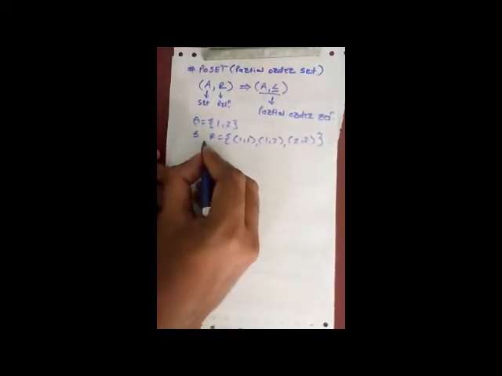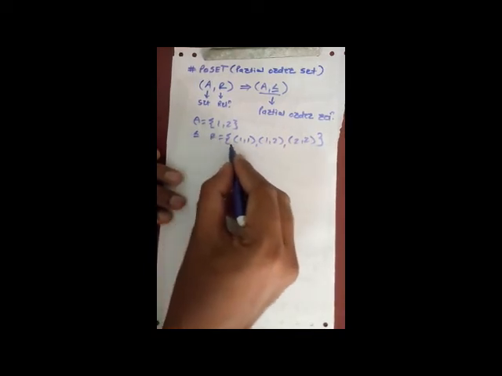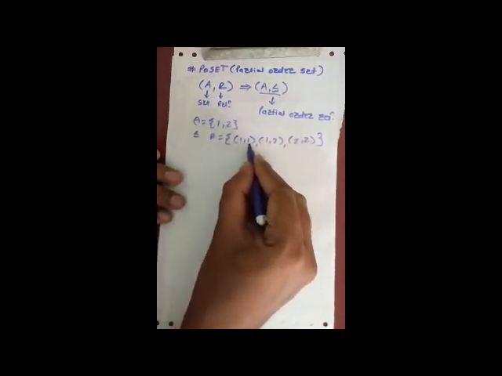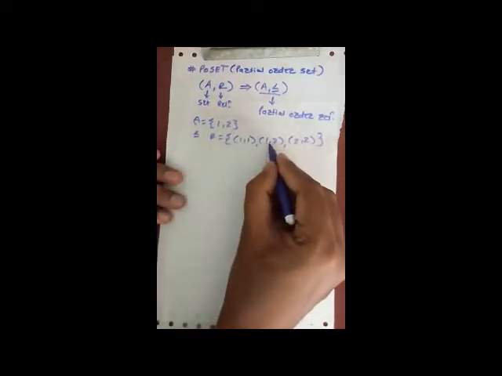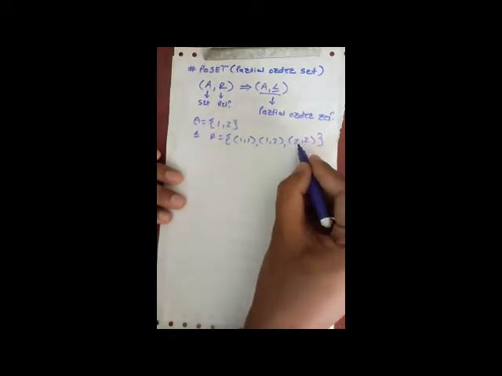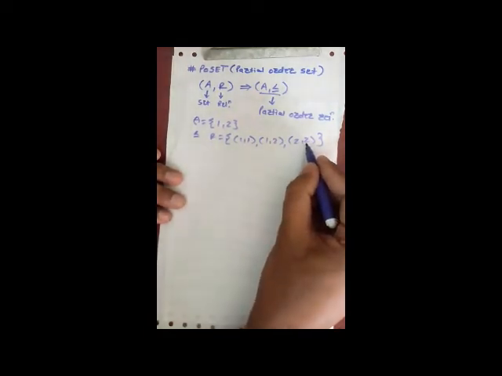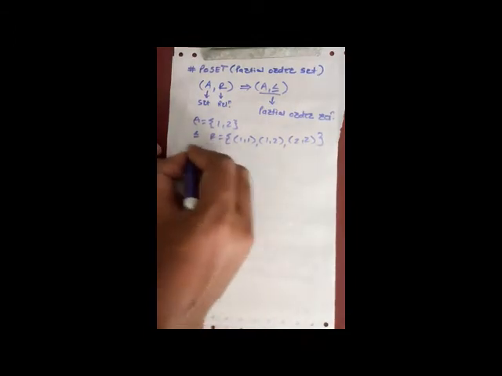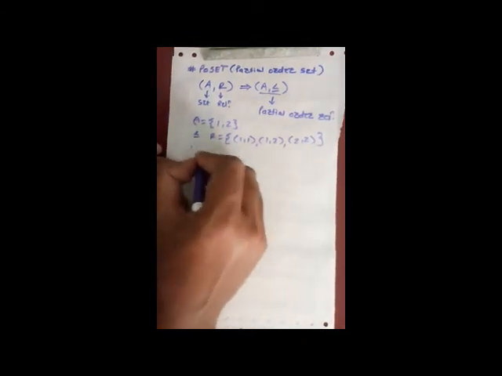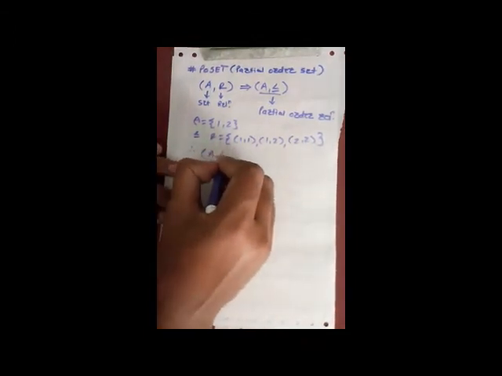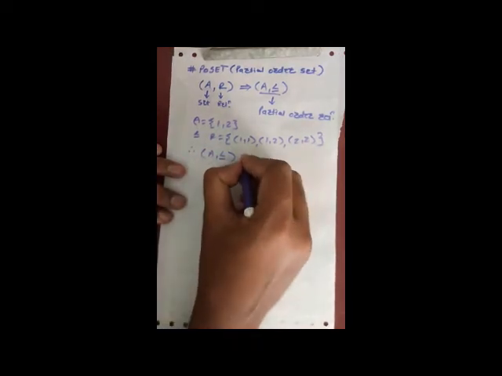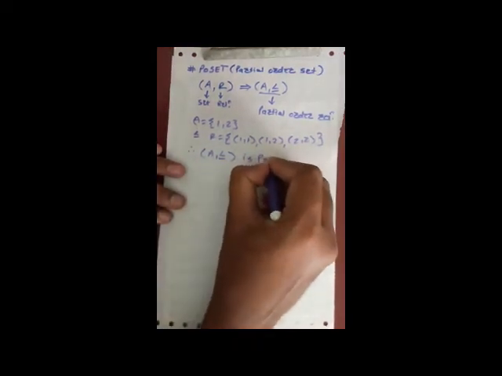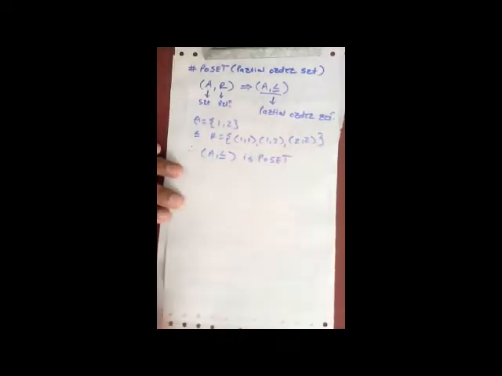That is the relation. It satisfies the less than or equal to property, that is 1 ≤ 1, 1 < 2, 2 ≤ 2, right? Therefore (A, ≤) is a POSET.